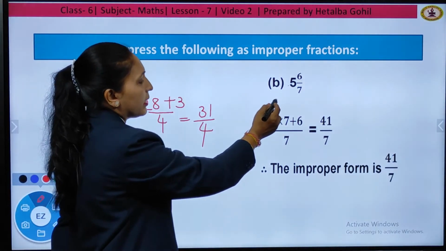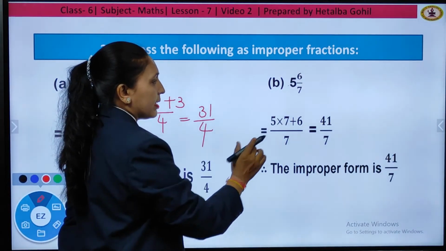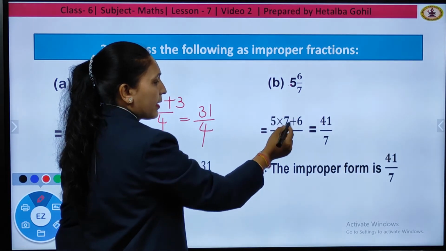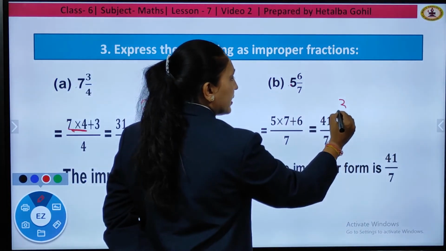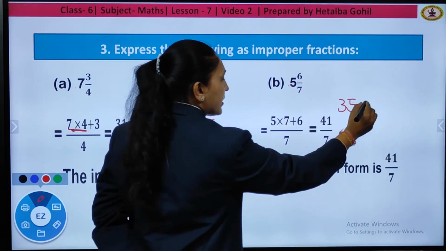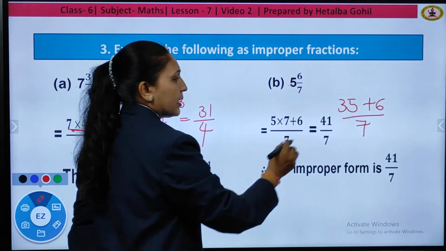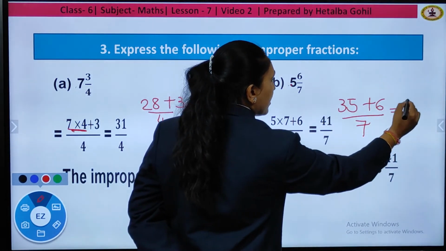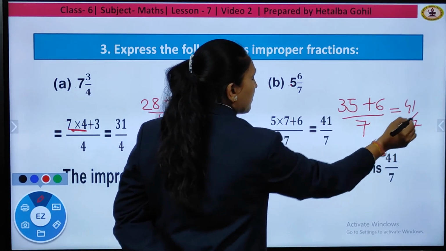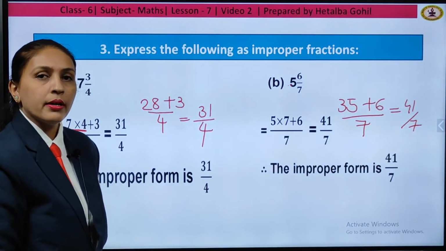The next we have here is 5 integer 6 by 7. So multiply 5 into 7, 7 5s you get 35, you have to add 6 to it and again put it over the divisor. So 35 plus 6 you get 41 by 7, that is your improper form.